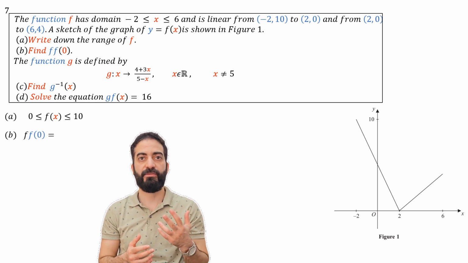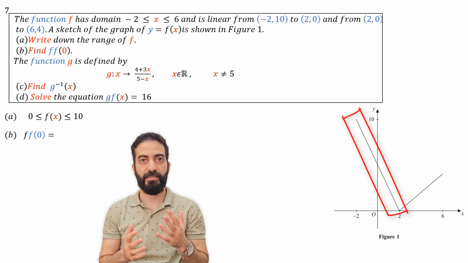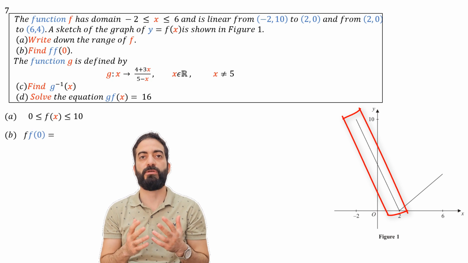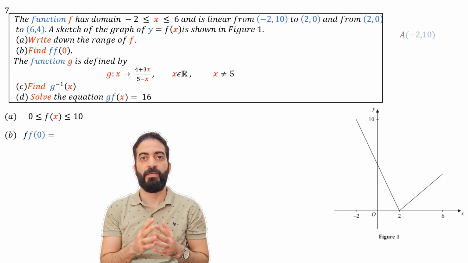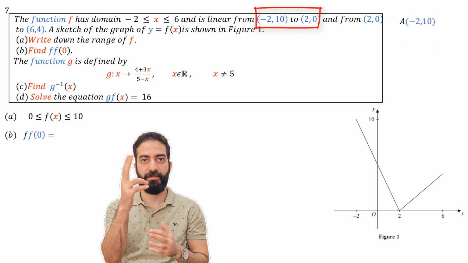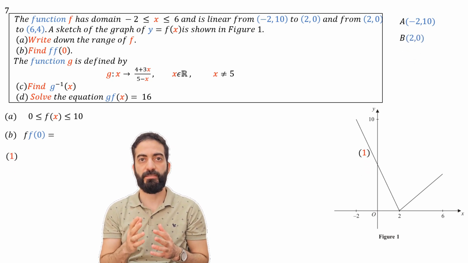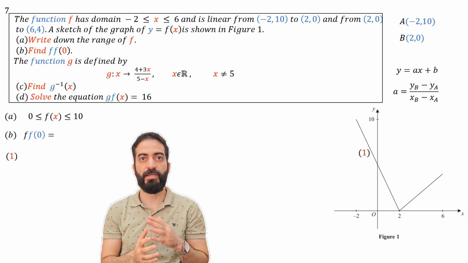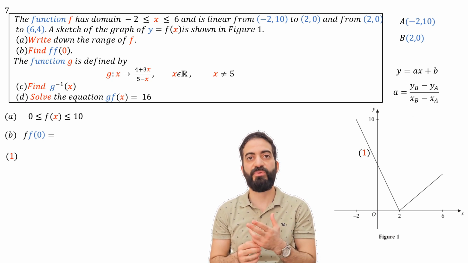We must first get the equation for this line. We can get the equation for this line because we have 2 points on it, which are this point I will call point A, and this point I will call point B. Now, using the rule for the line, which is y equals ax plus b, all we have to do is first get a and b.